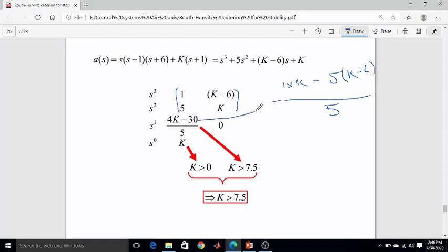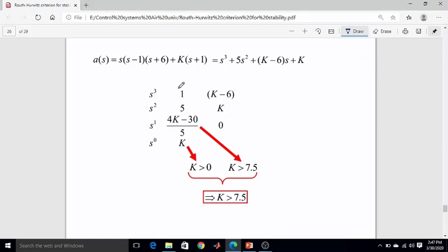If we solve it, this is k minus 5k plus 30, so 30 is going to be 4k minus 30 by 5 all the way, and then if you solve further, you will get this thing.